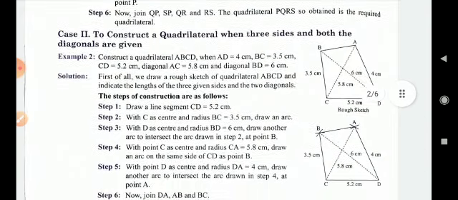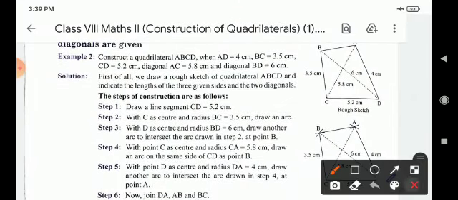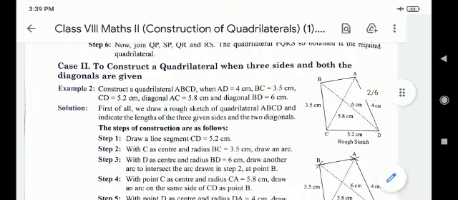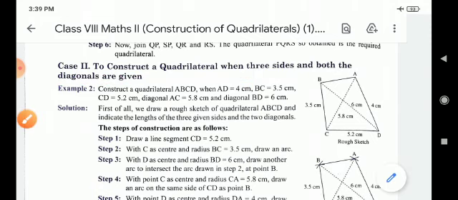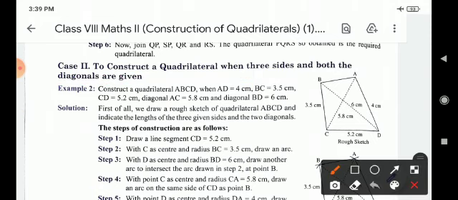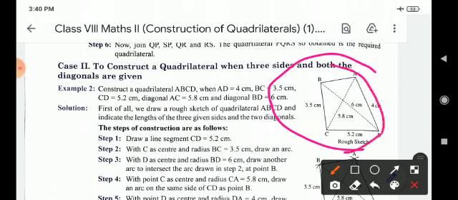Similarly, case number 2. To construct a quadrilateral when 3 sides and both the diagonals are given. First of all, we draw a rough sketch of quadrilateral ABCD and indicate the lengths of the 3 given sides and 2 diagonals.